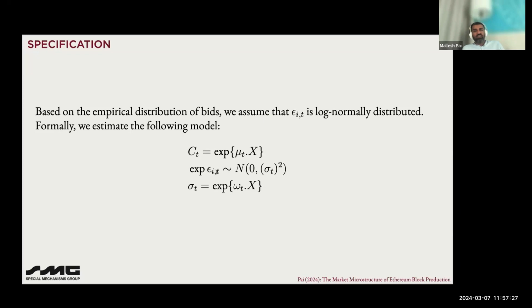In particular, it's log normally distributed with mean 0 and variance sigma squared, where sigma is again an exponential just to make sure that this is always positive, because variances have to be positive. Okay, so what we want to learn are these parameters omega and mu.